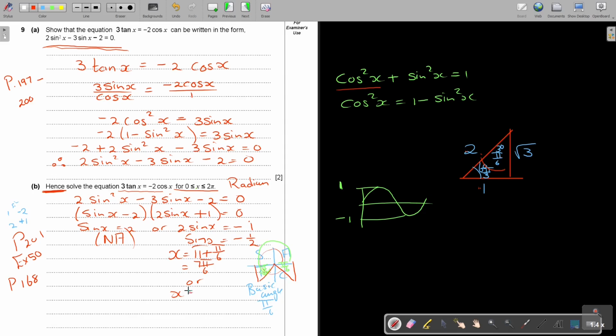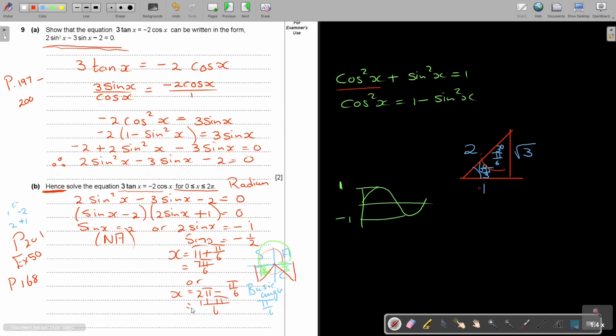So it will be 2 pi minus pi over 6. 2 pi will be 12 pi over 6, but then 12 minus 1, so it will be 11. It will be 11 pi over 6. Okay, that's the two values without a calculator.